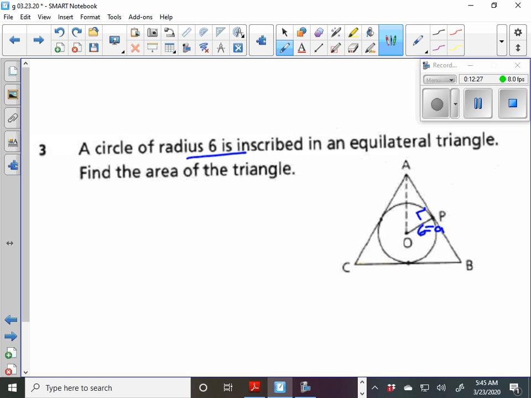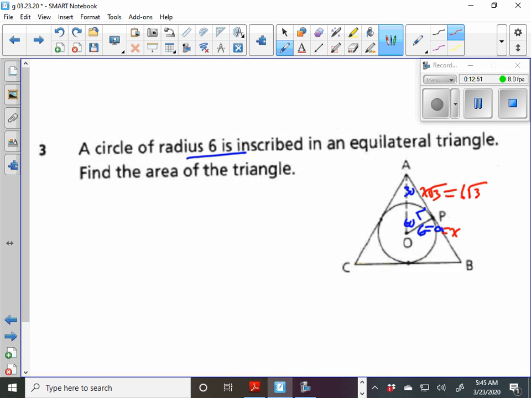We also know this is 30, this is 60, so therefore we now know that this is my x. This is going to be my x root 3, which implies if x is 6, then x root 3 is 6 root 3.